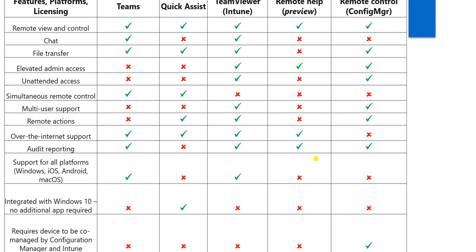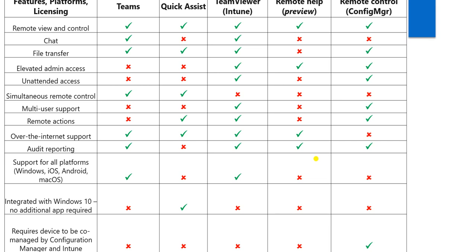You can take a screenshot or pause the video to understand better what Teams can do. Teams can provide you remote view and control, and chat. You can do file transfer, but there is no elevated admin access or unattended session.